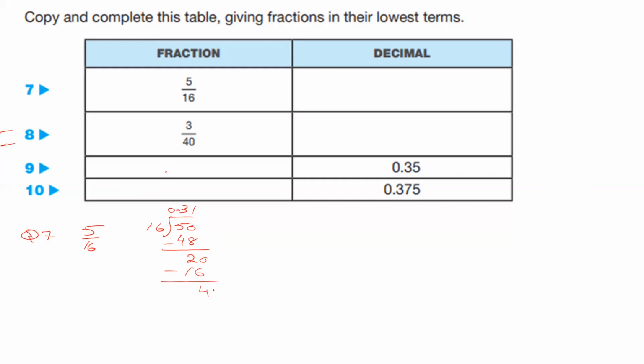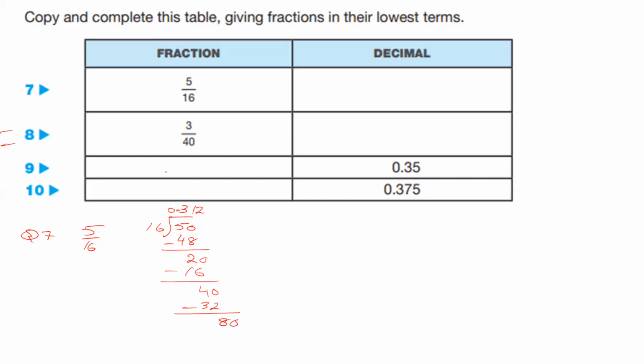Okay, now again we put a 0. 16 times what is equal to nearest to 40? So I think 16 times 2, we get here 32. And then we take away, so 40 minus 32, we get here 8.